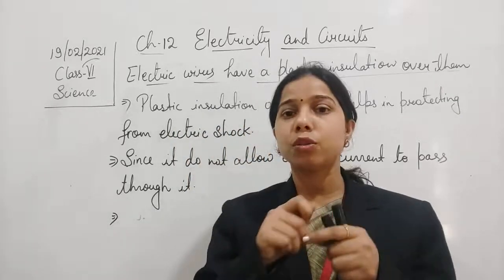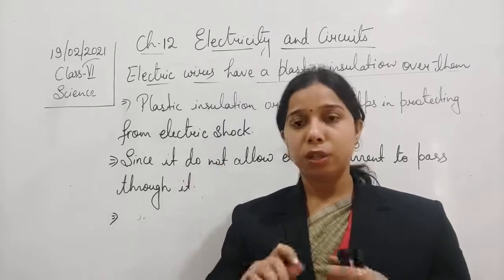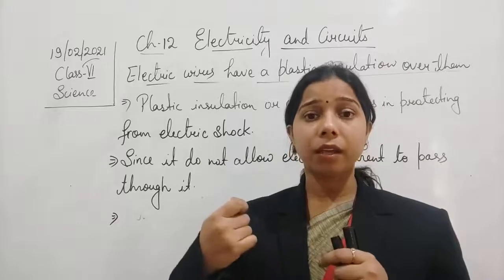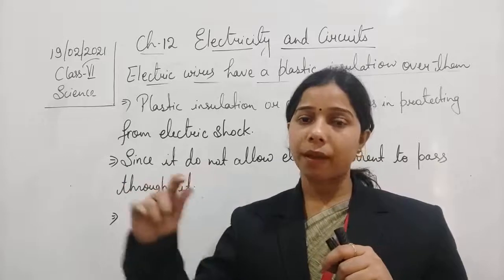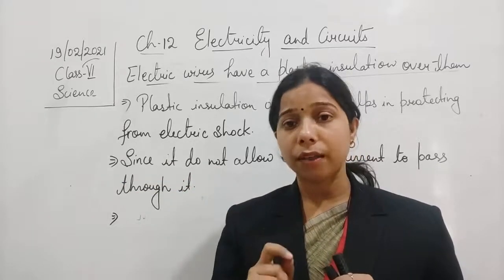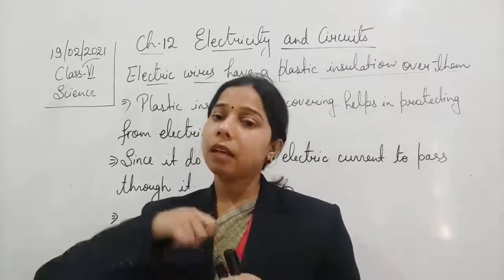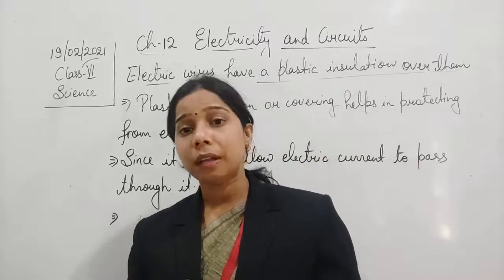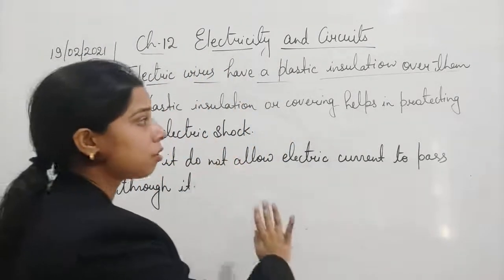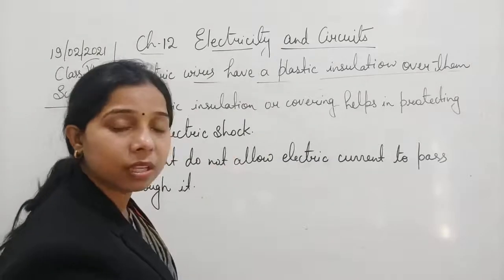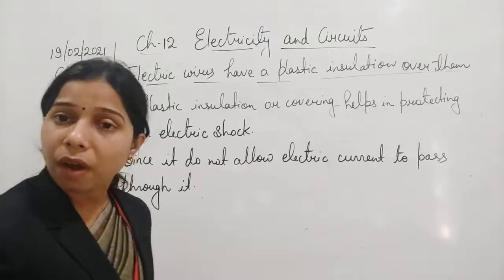When they want to connect two wires together, or a wire with a device, first, with the help of a plier, they remove the outer covering of the wire, get the bare electric wires, connect the two wires together, and then cover it with adhesive tape. So the plastic insulation helps in protecting from electric shock, but what happens if we want to connect two wires together?